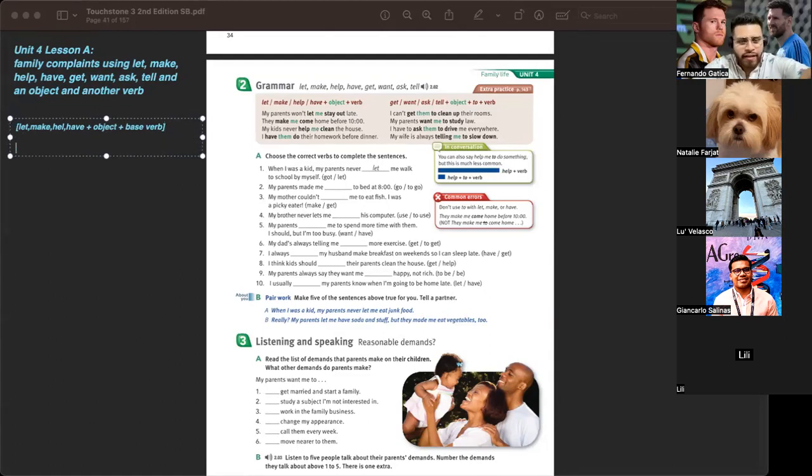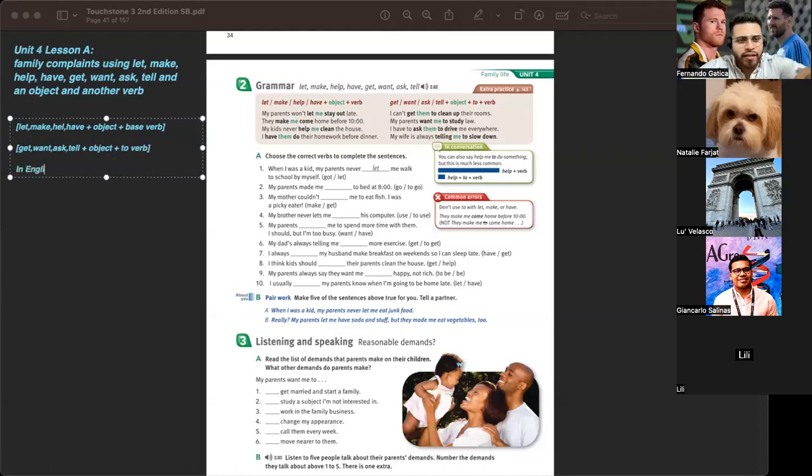Then after get, want, ask, tell, you're going to put an object and to plus verb. Remember this.